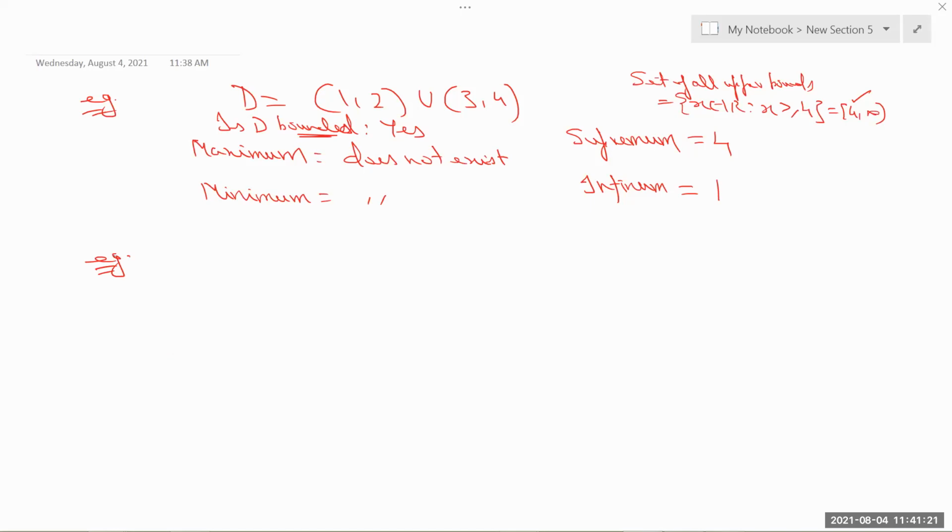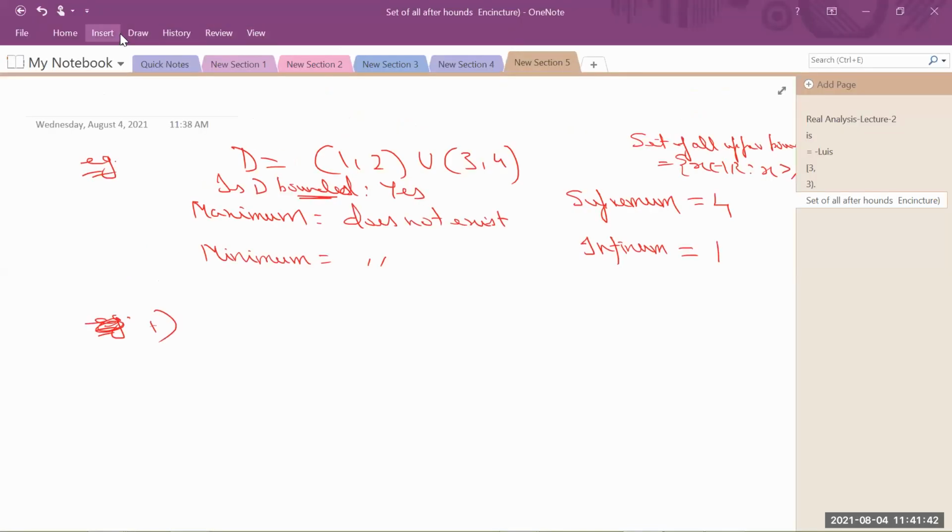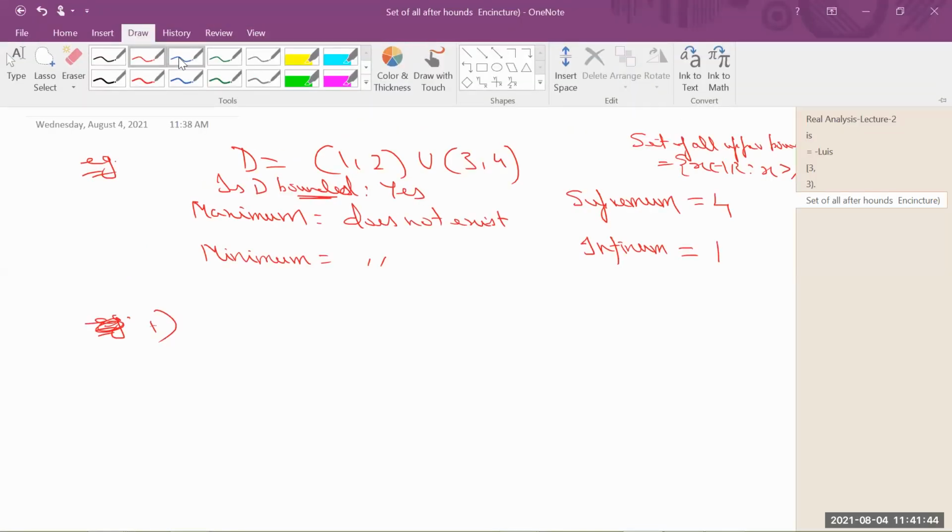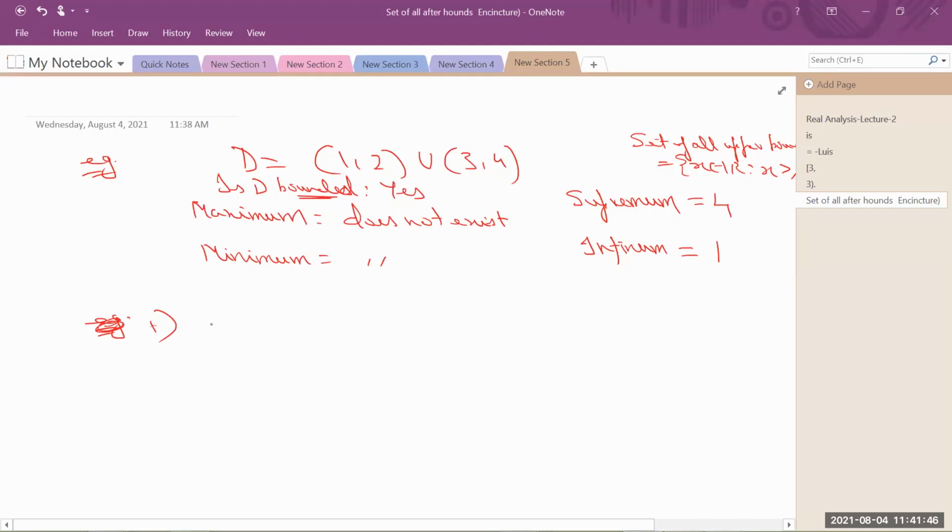अच्छा, यहाँ पे एक इंपॉर्टेंट आर्टिकल है इसमें. This one is a very important in the sense that... देखो यहाँ पे, let me write this.